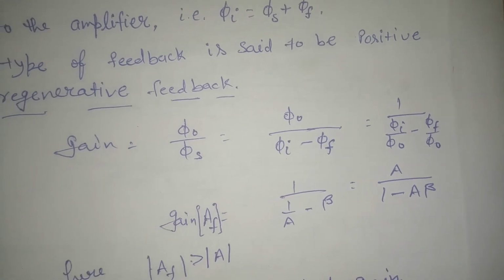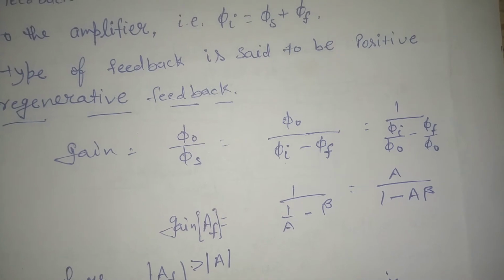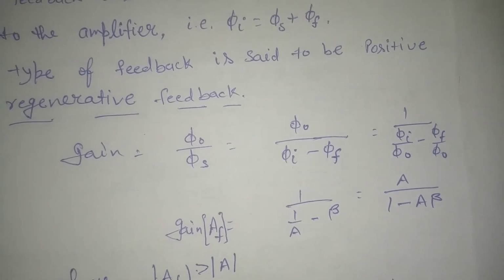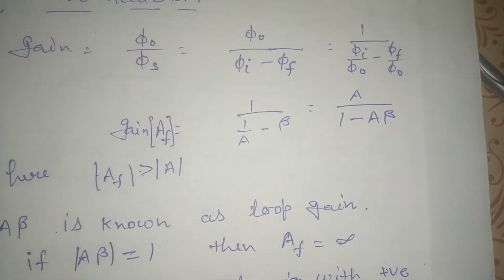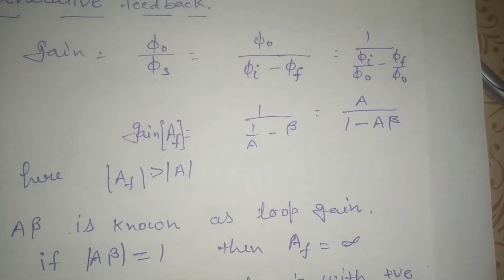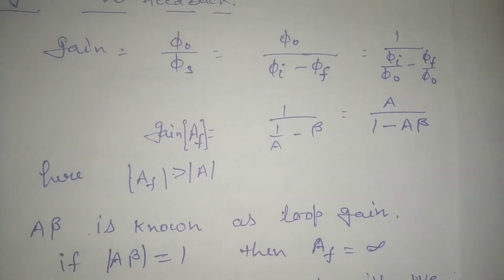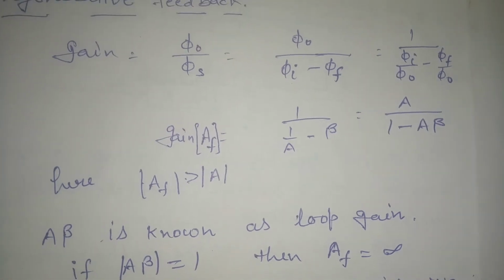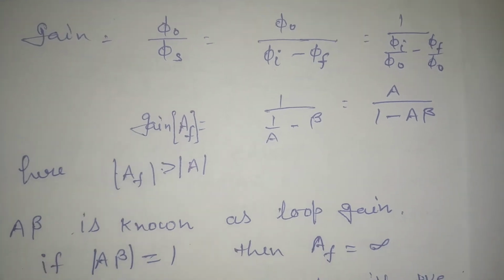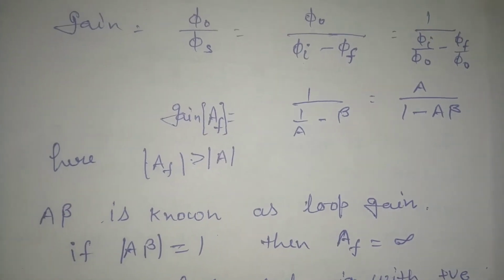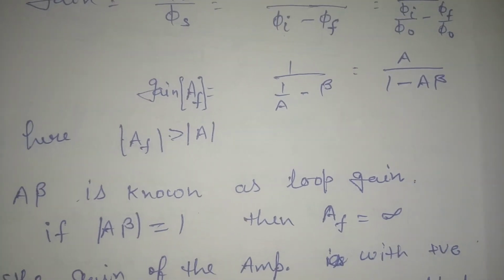Φs is also Φi minus Φf. Now output upon input, it is 1 upon the open loop gain. So this is A upon 1 minus Aβ, the formula of the positive feedback. Aβ is the loop gain.